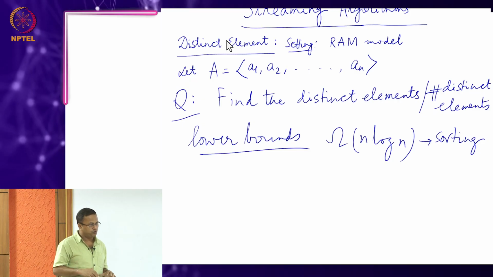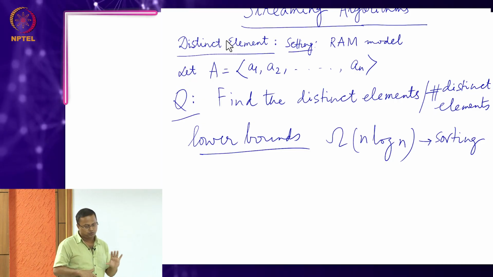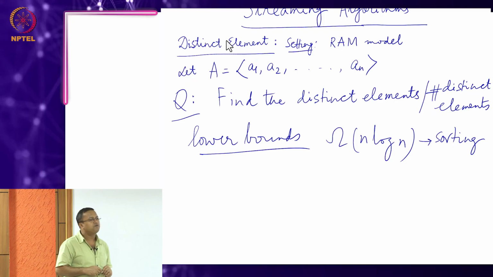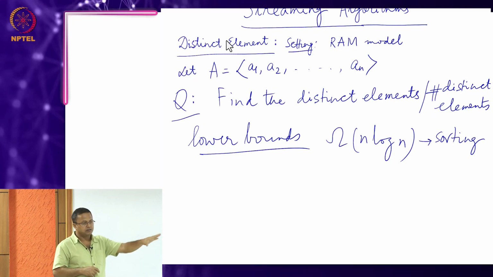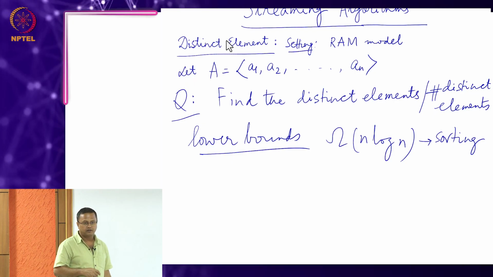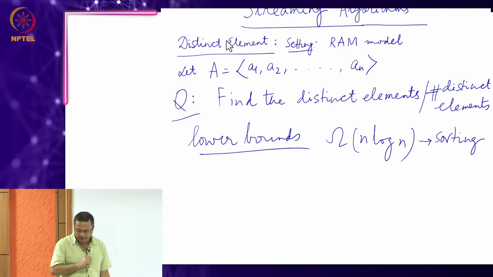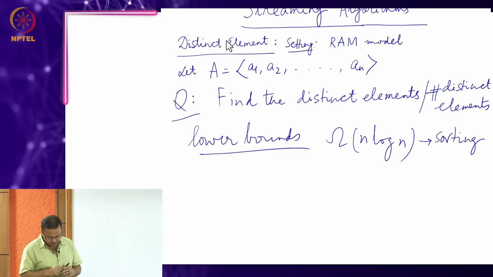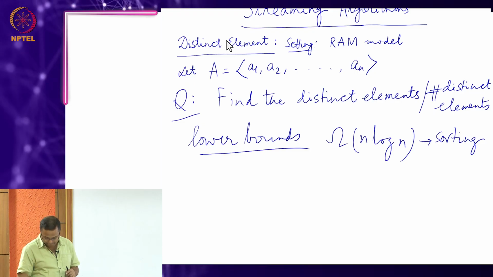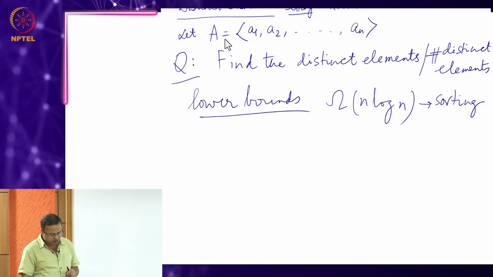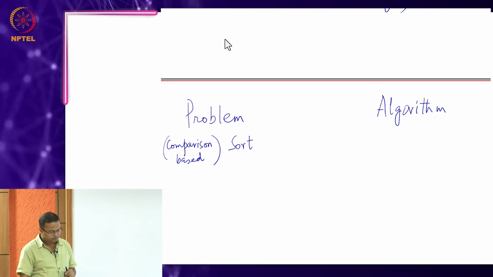So, I will give you a machine model very soon, which is actually the streaming model, which basically models this kind of network traffic computation. But before I get into that, let us talk a little bit of lower bounds.